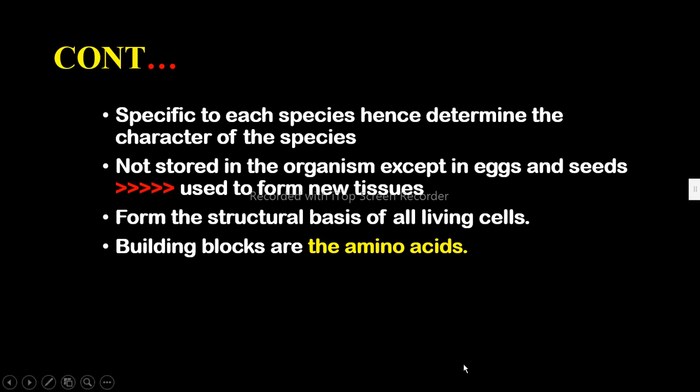Just like you saw in carbohydrates with many glucose molecules condensing together, and how the fatty acids condense together to form fat, also here, many amino acids condense together to form proteins.